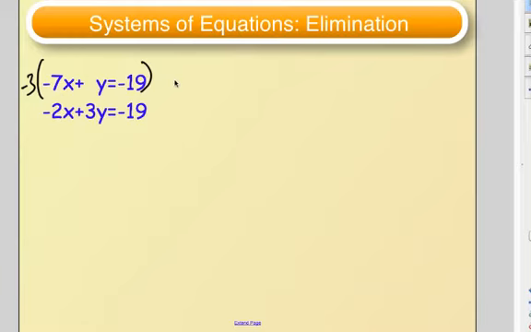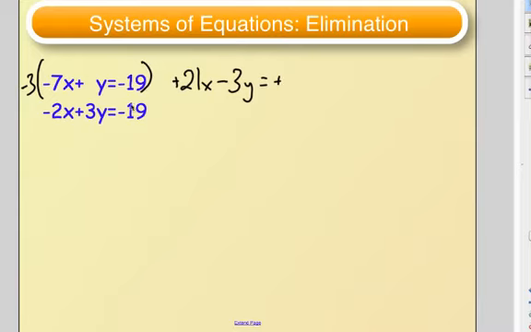So I'm going to rewrite it over here. That's positive, because negative 3 times negative 7 is going to be positive 21x minus 3y equals a positive, because it's a negative times a negative.